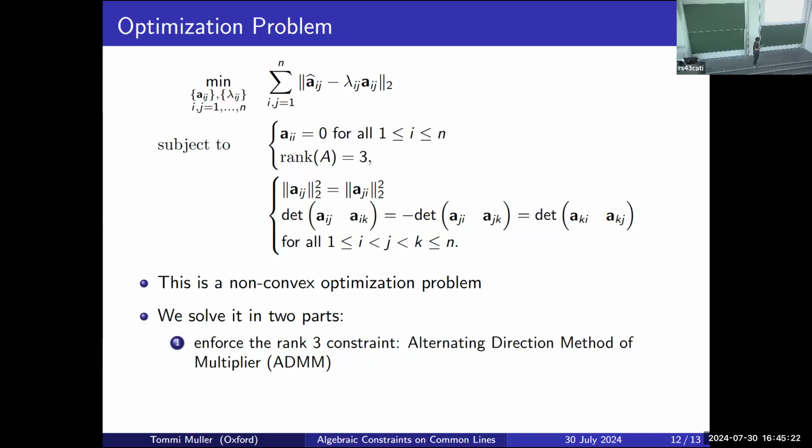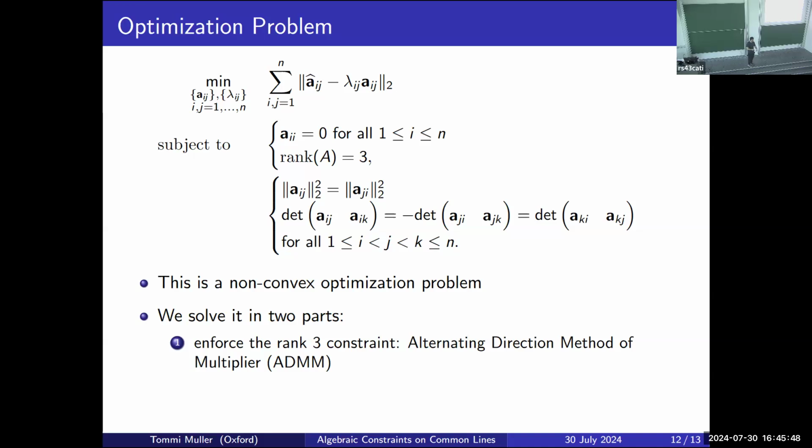What this does is it alternatingly solves for the scales lambda ij and the matrix A, and also projects onto the space of rank 3 matrices. So it's this alternating way of finding A. So when you run your ADMM, you're supposed to get a rank 3 matrix at the end.